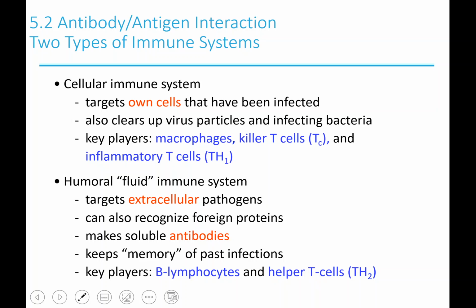It can also recognize foreign proteins, and this fluid immune system makes soluble antibodies. And those antibodies, in a sense, can keep a memory of past infections. What's important in this fluid immune system would be things like the lymphocytes and helper T cells.